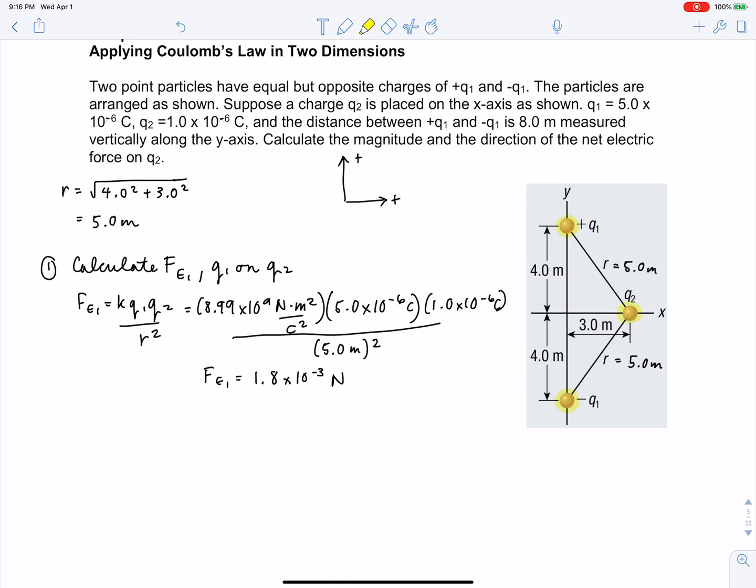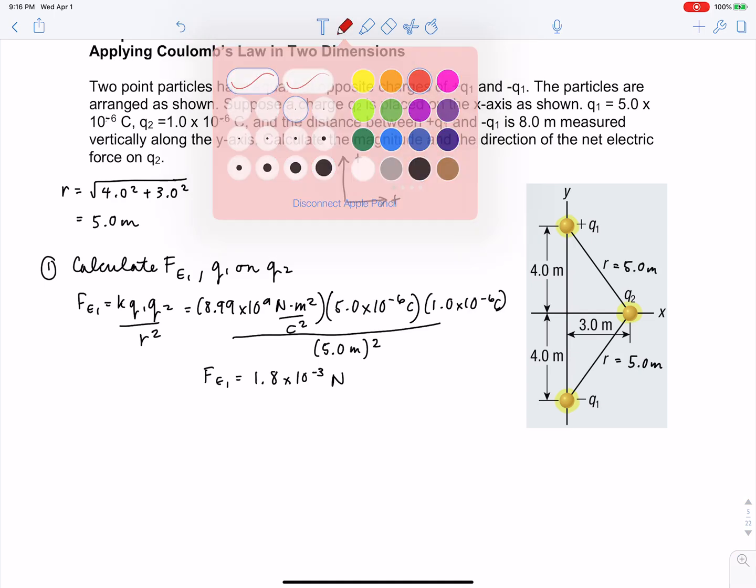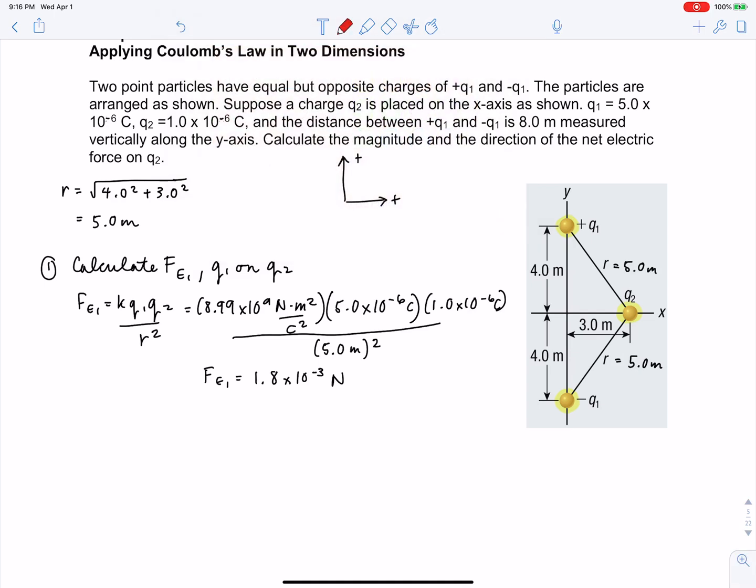The only difference is that the force, since this is positively charged and this is positively charged, will be in this direction for Q1 and Q2. And since Q2 is positive and negative Q1 is negative, Q2 will be pushed in this direction. Okay, let's calculate the force.